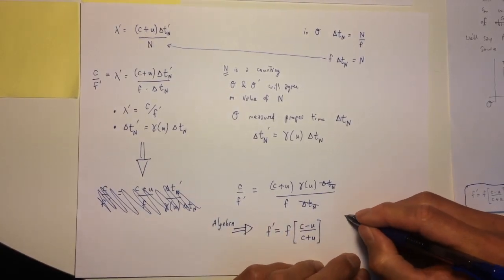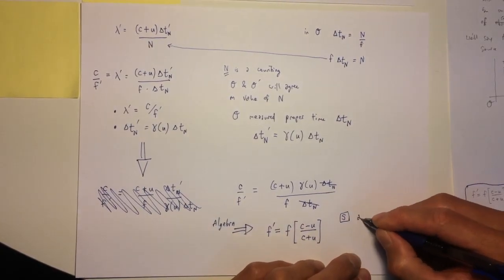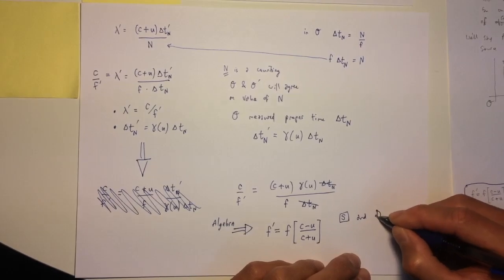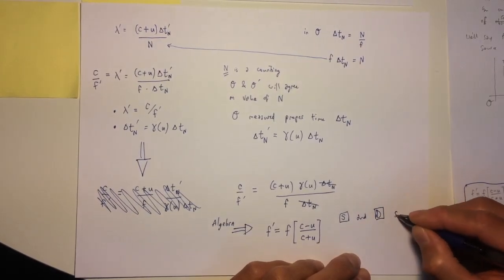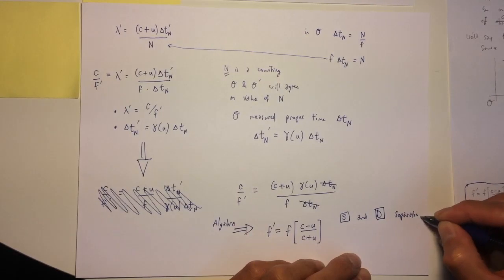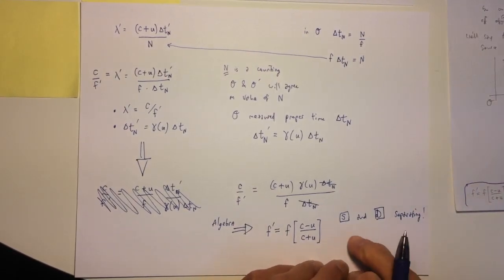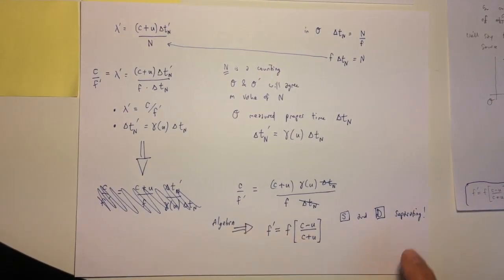So this is for source and detector separating. Right? So the source and the detector are separating.